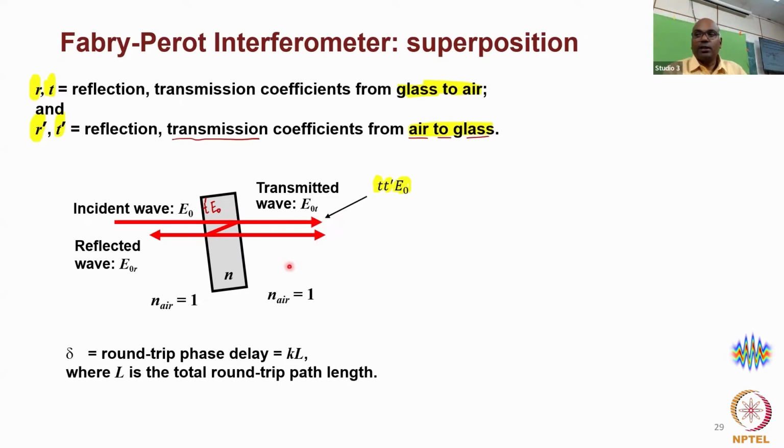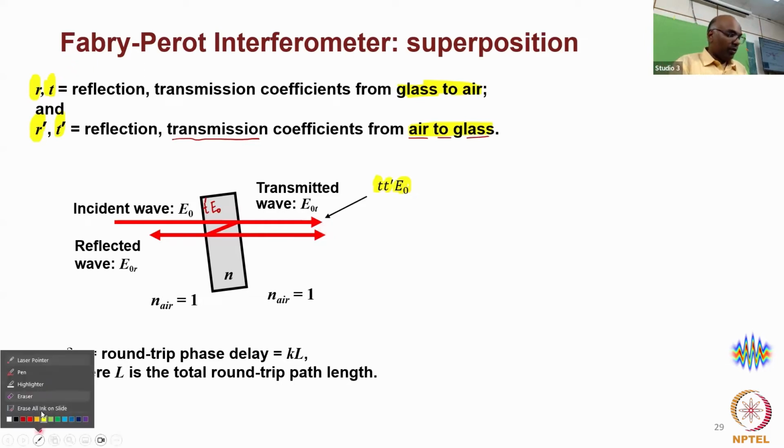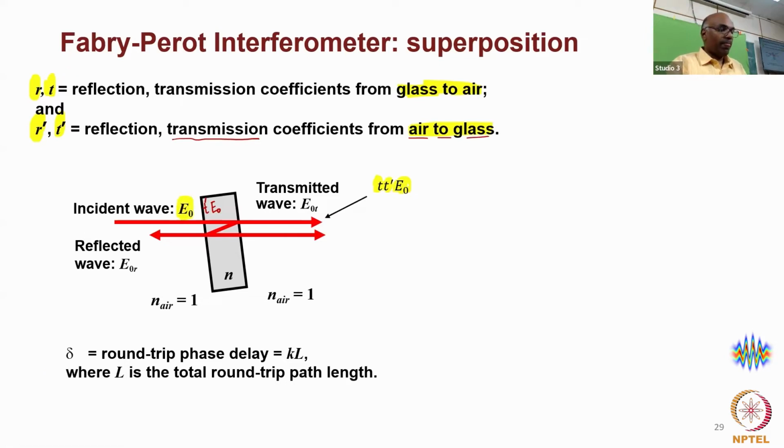And now the question is, what is the amplitude of this second piece of transmitted wave, which I must write in terms of the only quantities I know before I begin addressing this problem. What do we know? We know the value for the amplitude of the incident wave, E naught. We know the reflection and transmission coefficients of this material, glass, kept in the surrounding medium, which is air.